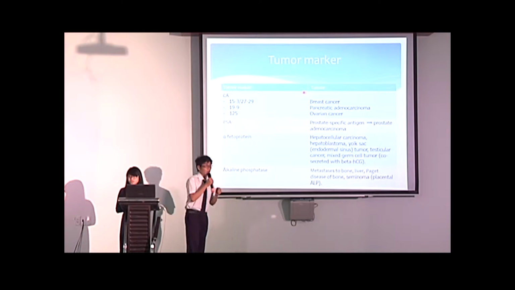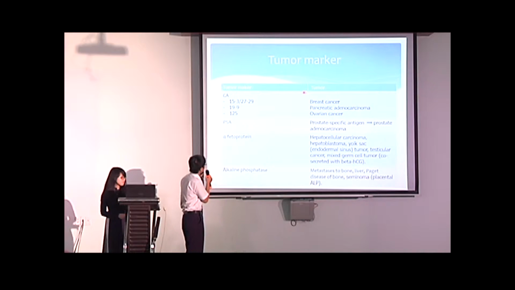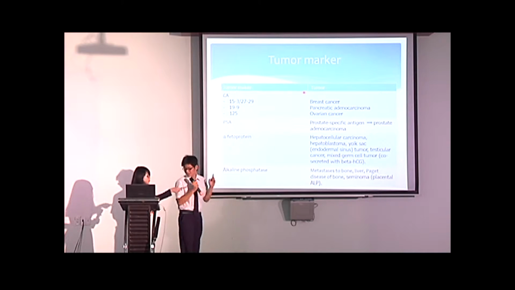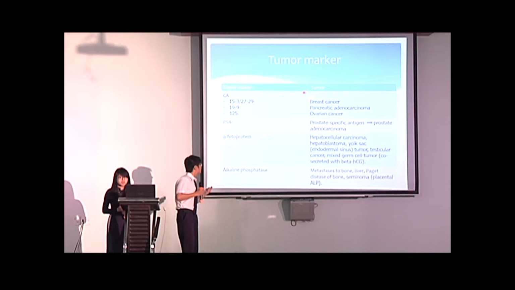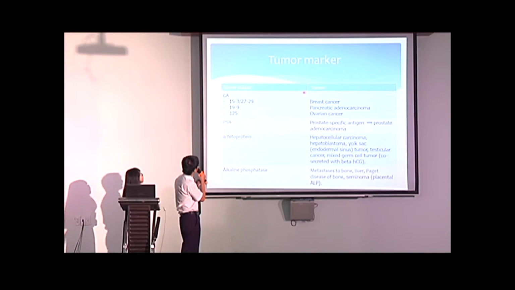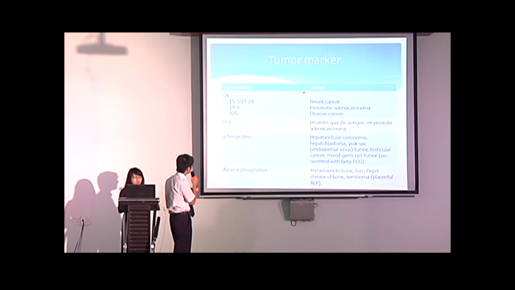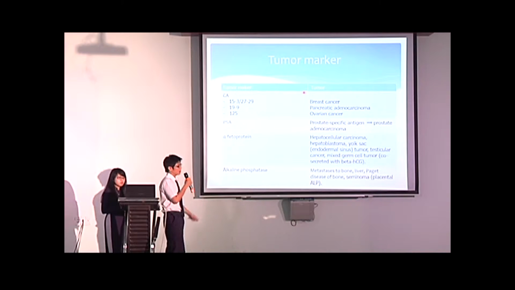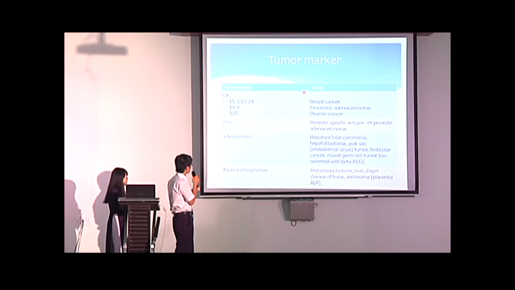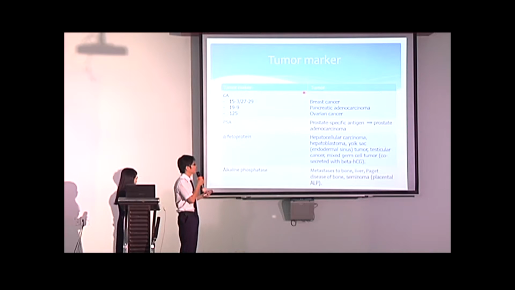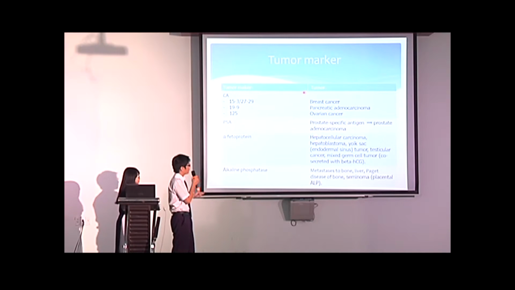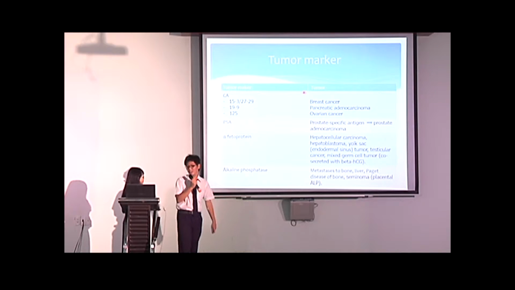And we have some tumor markers specialized for each cancer. First, we have CA 15-3 for breast cancer, and we have PSA for prostate cancer. Alpha-fetoprotein, as you can see, fetal here is related to the fetus, is for hepatoblastoma, yolk sac tumor, and testicular cancers.